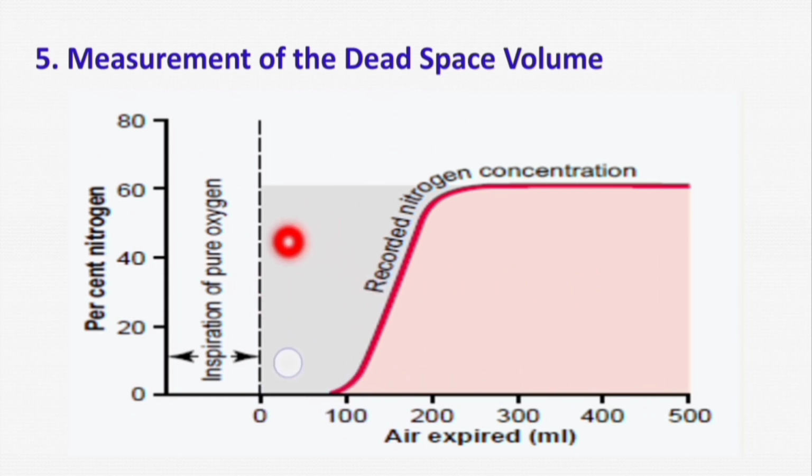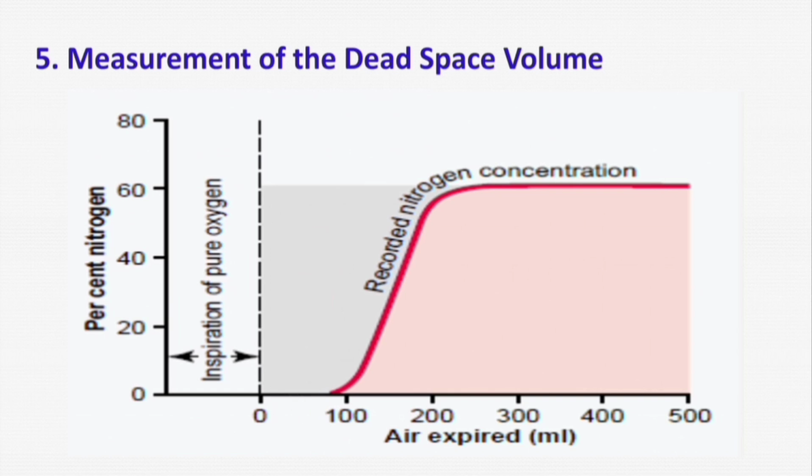Now, the first portion of the expired air comes from the dead space region, where the air has been completely replaced by oxygen. Therefore, in this early part of the record, only oxygen appears and the nitrogen concentration is 0.